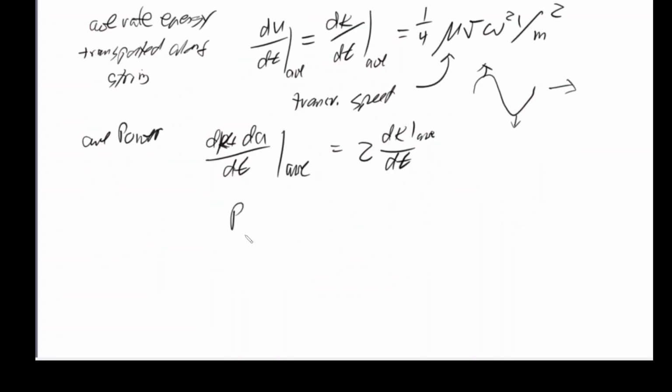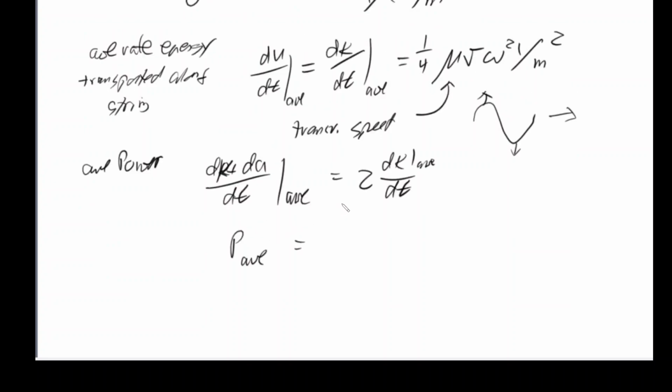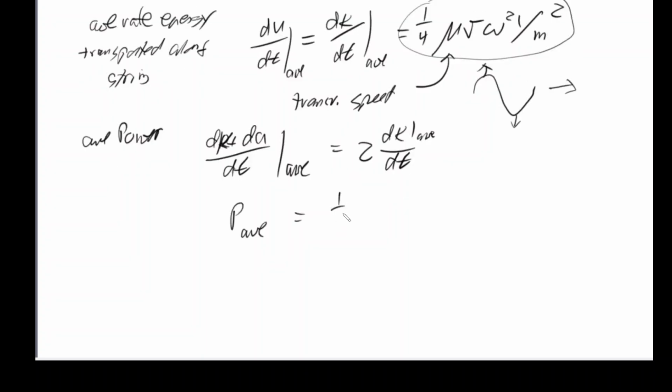So this becomes average power is equal to, well, 2 times this becomes 1/2 mu v omega squared ym squared, which later we'll find out is equal to the square root of mu times the tension times omega squared ym squared.